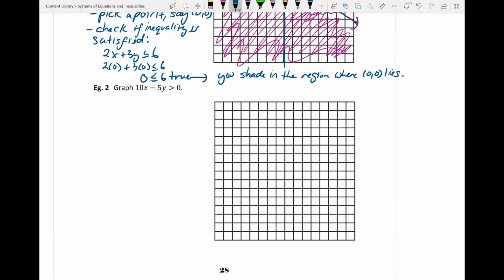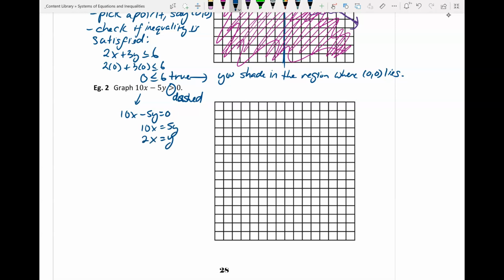In our next example, we are going to do something similar, but this time we're going to have a dashed line because we don't have the equal to sign with it. The first thing I'm going to do is get this into slope-intercept form. And then divide both sides by 5.